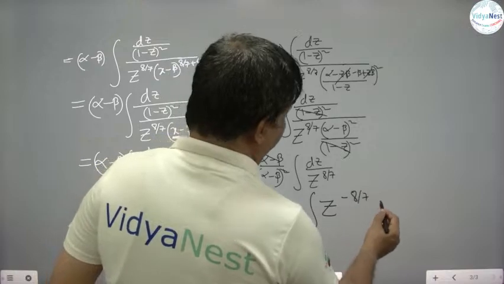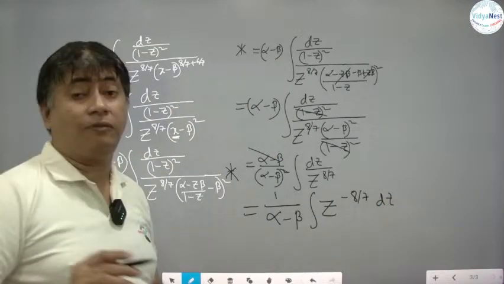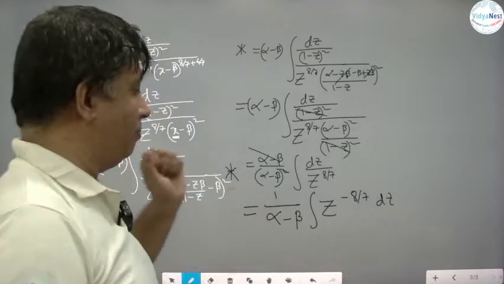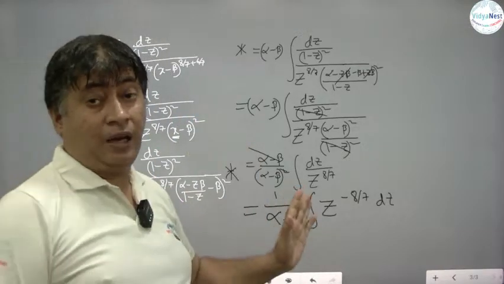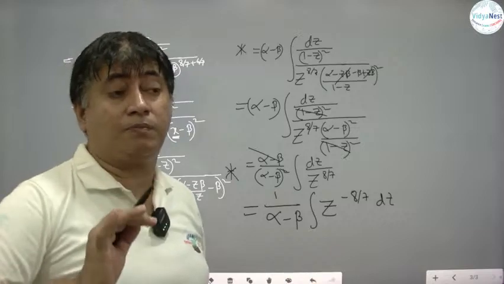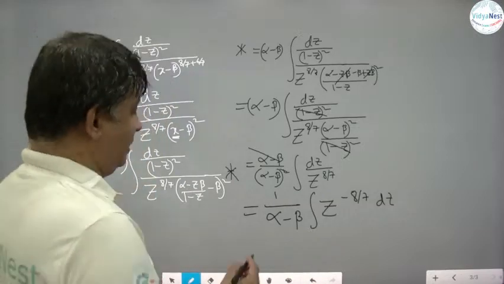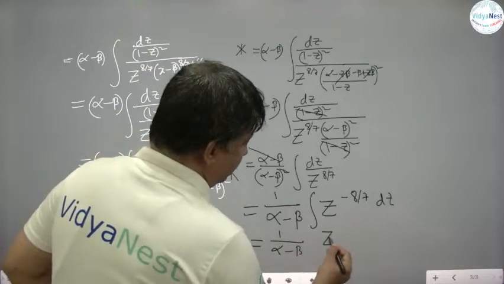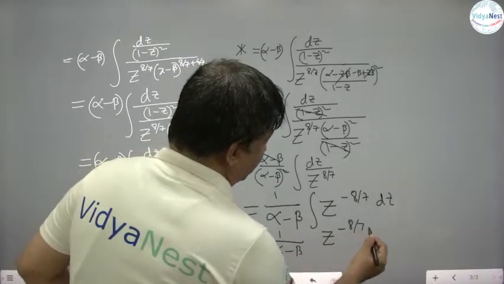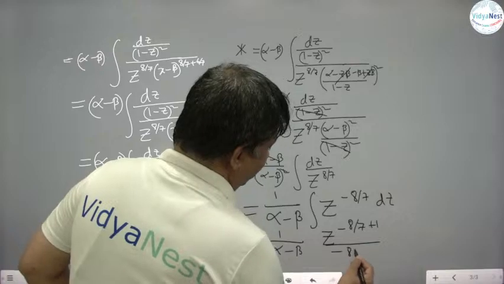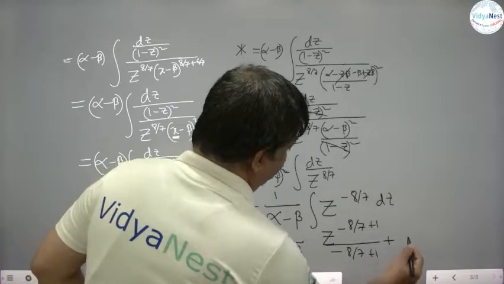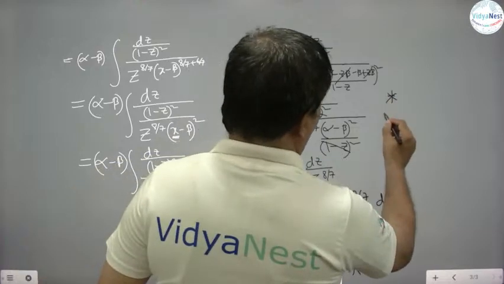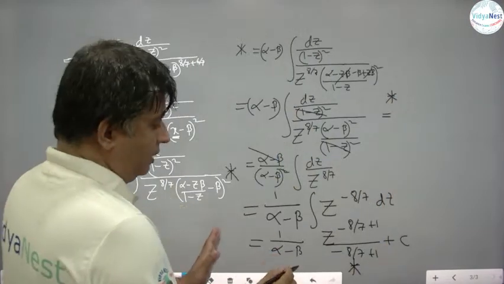So that big gigantic figure is reduced to a simple version. That is the beauty of math, and that is the IQ level which is playing behind the screen. Understand? So this is J level. Z minus 8 by 7 plus 1 by 8 by 7 plus 1 plus C. See, the simplification is done.